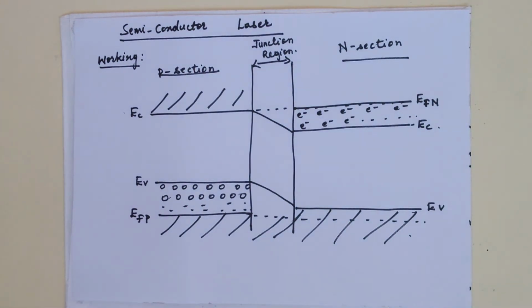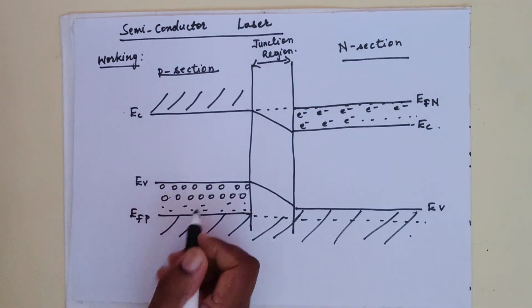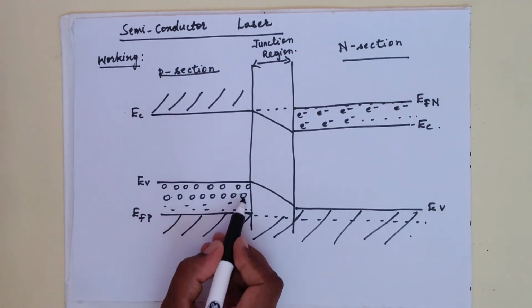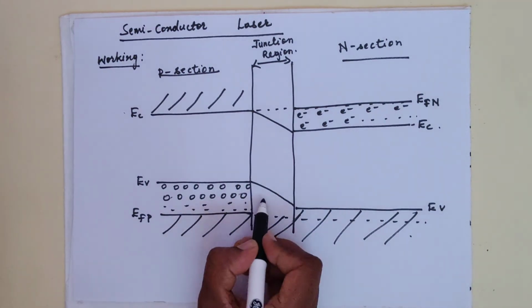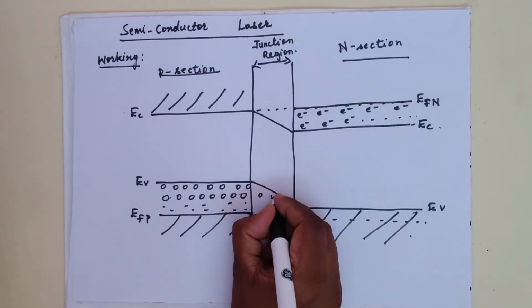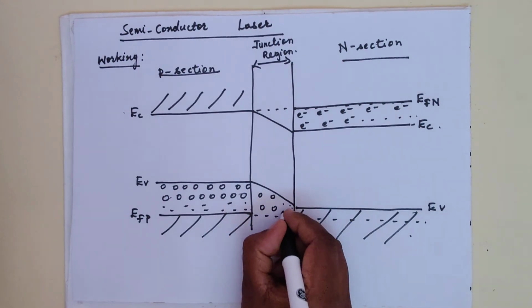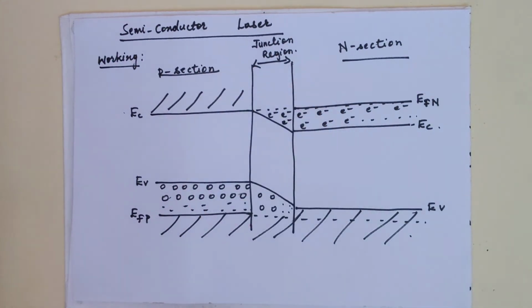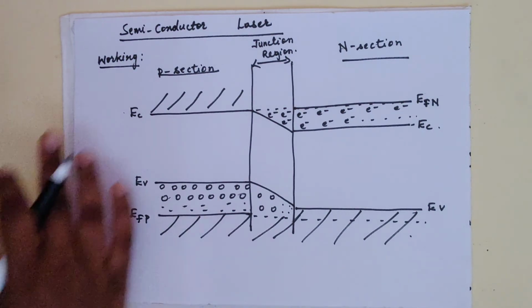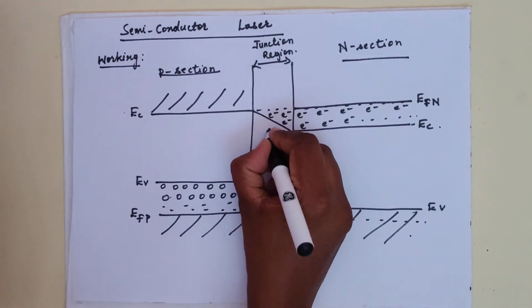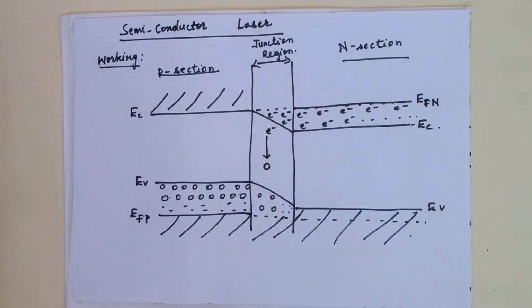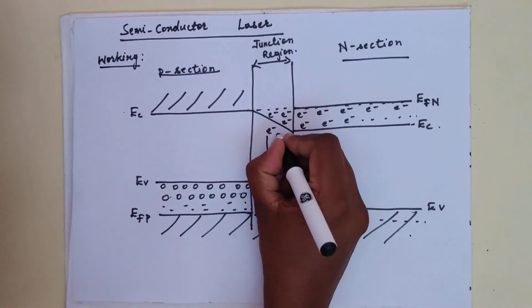Now during operation, when we apply the voltage, the hole concentration increases in the P section, because of which the holes start crossing the barrier and enter the junction region, and similarly the electrons start crossing the barrier and enter the junction region. Initially, for a small voltage, there will be recombination of electrons with holes, and this recombination results in emission of photons.